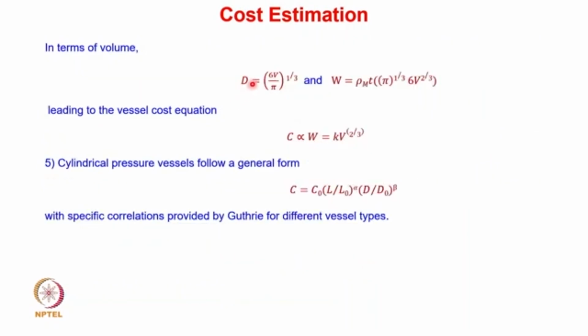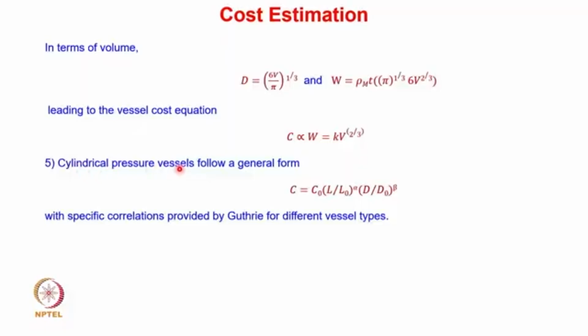If I put the diameter in this particular equation, you can see that the cost is proportional to the weight, and it is proportional to the volume raised to the power 2 by 3. So it is proportional to the area, but when we are having volume, it is proportional to the volume raised to the power 2 by 3. It is not directly proportional. Okay, so it is non-linearly related with the volume, but it is directly related with the area.